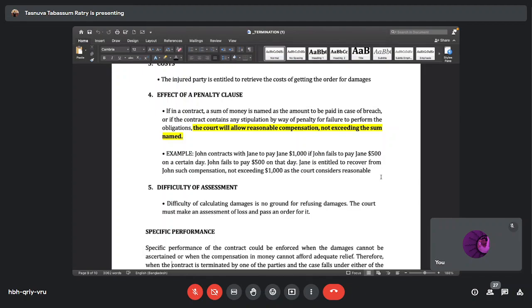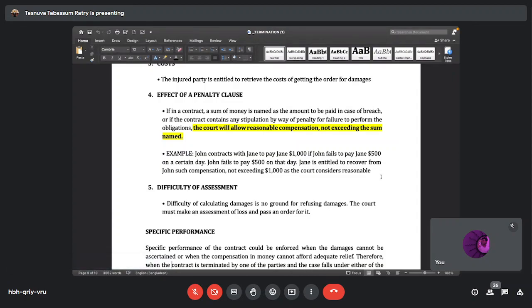Usually, whenever there's a penalty involved in a contract, we call that a penalty clause. In that case, if your agreement has a penalty clause, the court will only allow that amount as compensation whenever there's a breach.